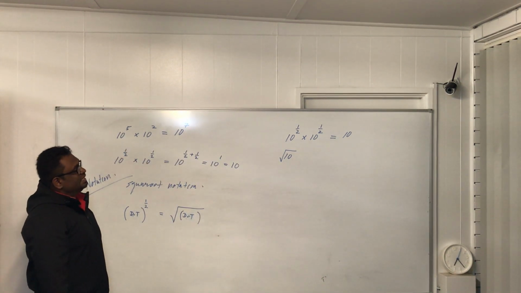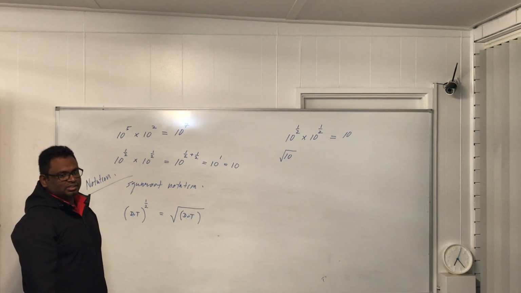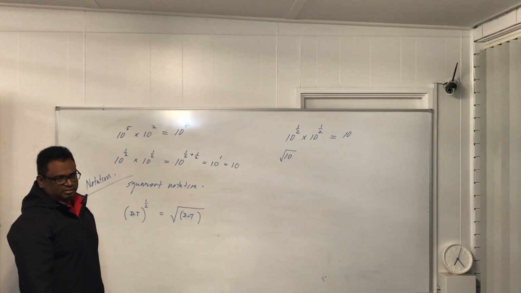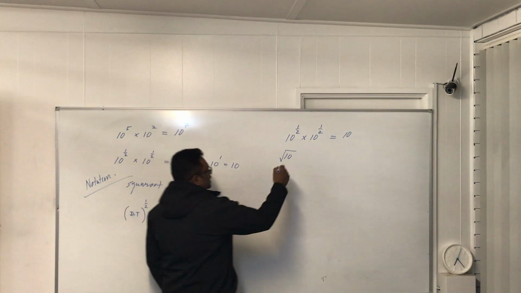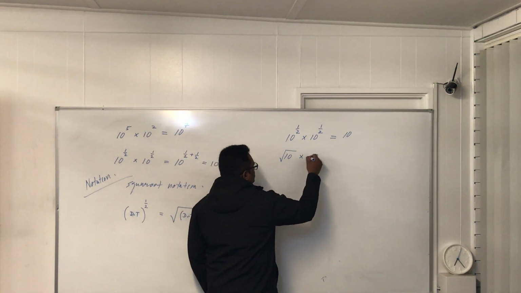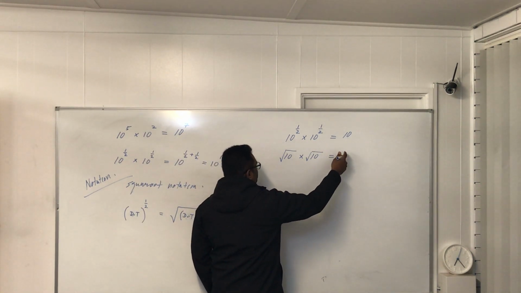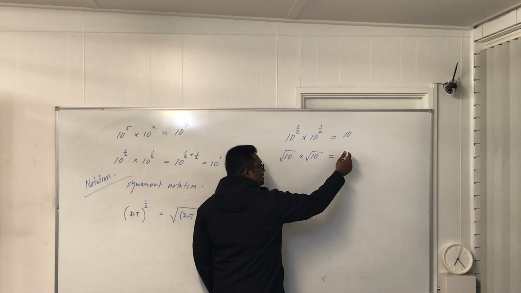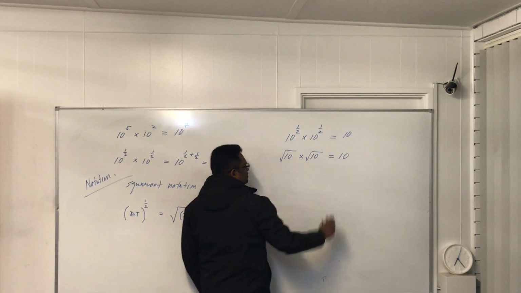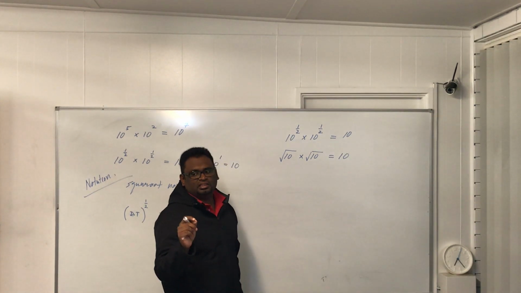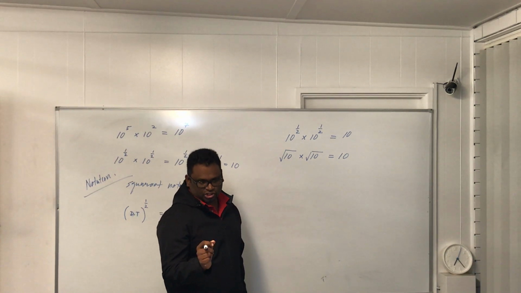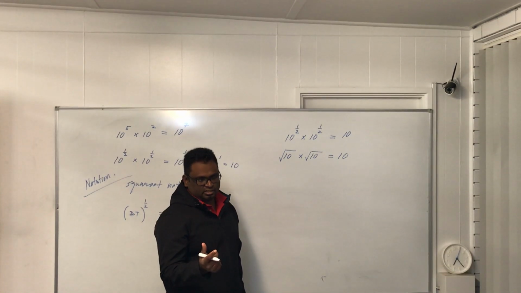Now, in that case, dt is who? 10. Multiplied with square root 10. What is the answer? 10^1, 10, right? So this is a neat structure to understand.